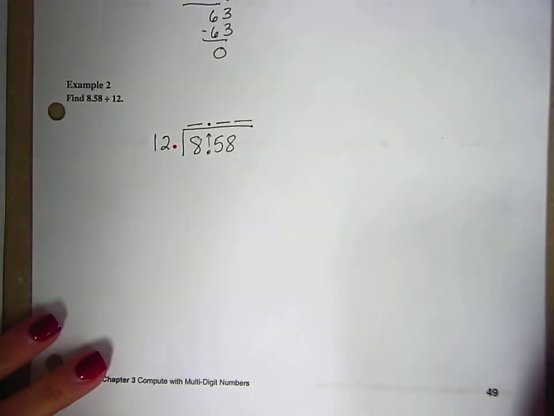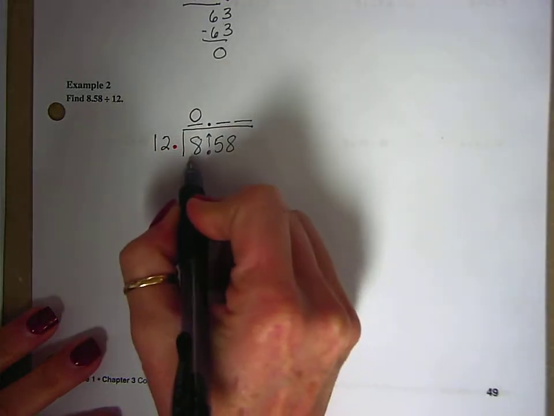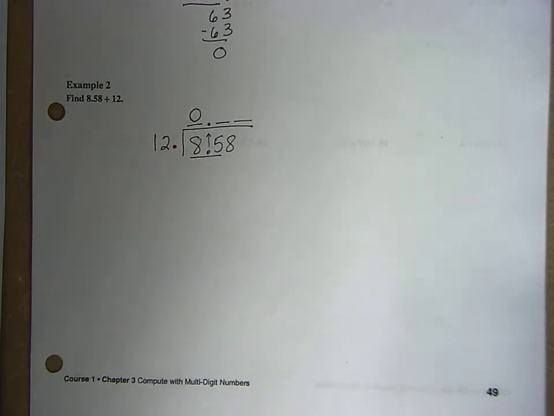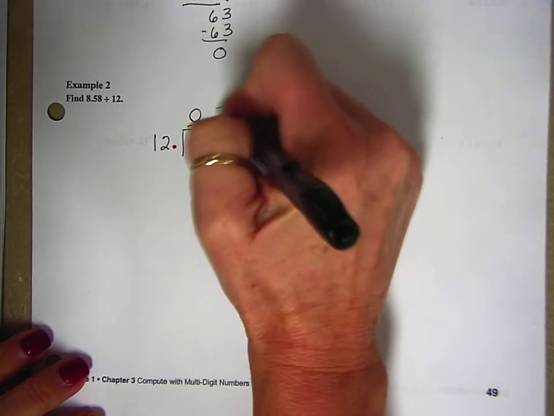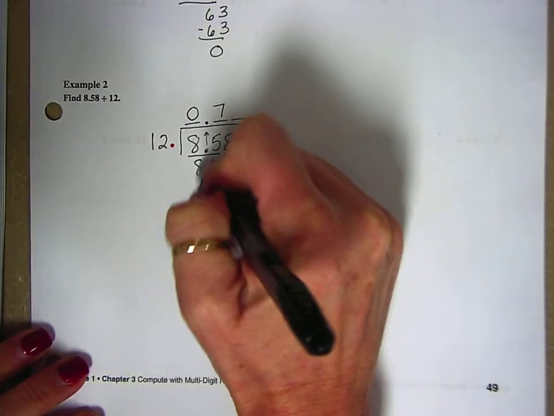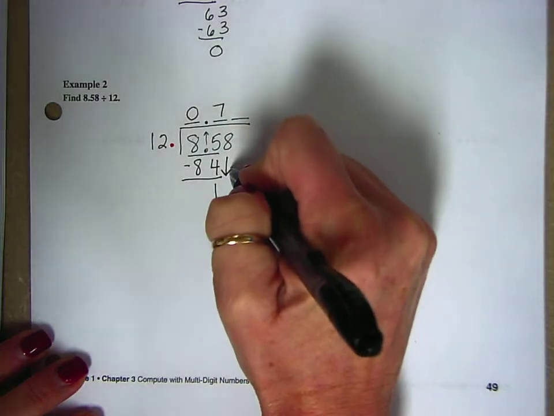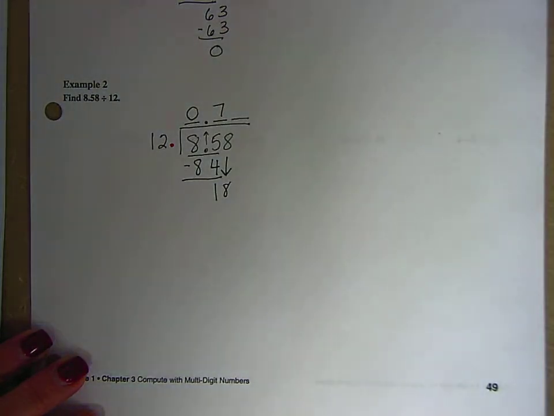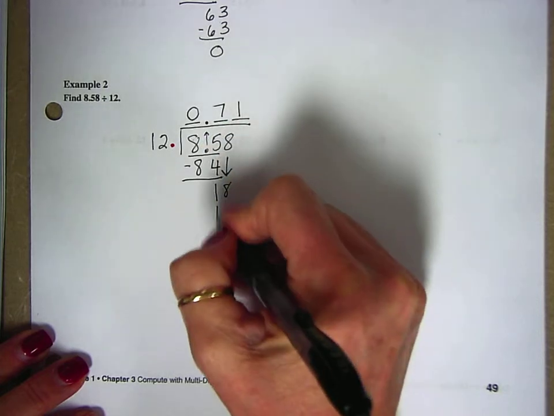All right. 12 will not divide into 8. How many times will 12 divide into 85? Well, let's think about this. 12 times 7 is 84. Subtract, bring down. 12 goes into 18 one time.